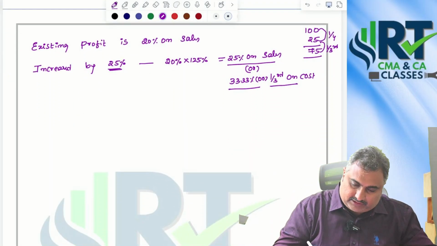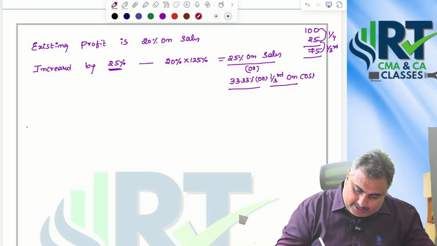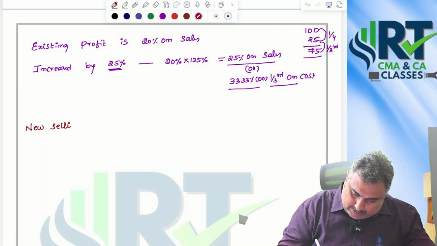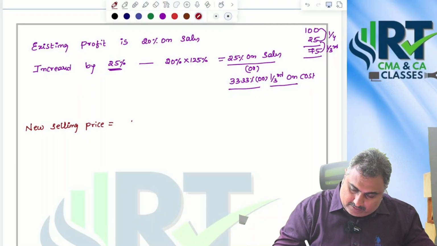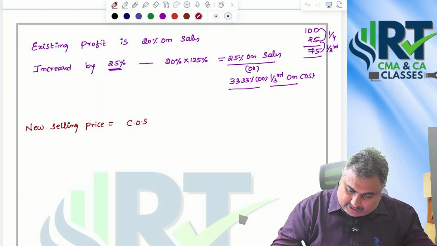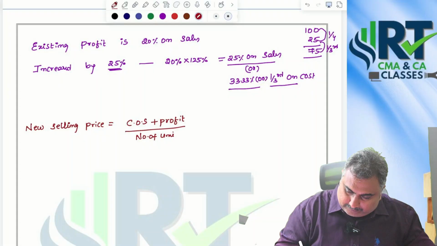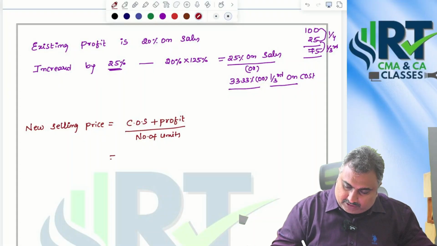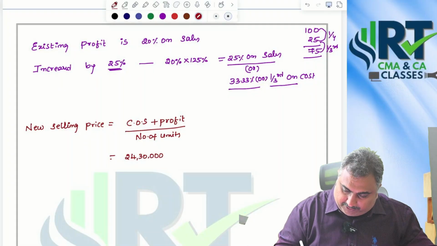Now calculate once again. New selling price is equal to, once again, cost of sales plus profit divided by number of units. What is your cost of sales? 24,30,000. Already we computed.